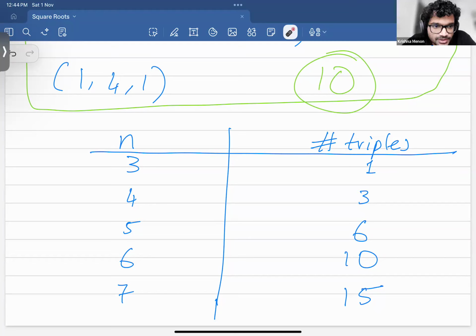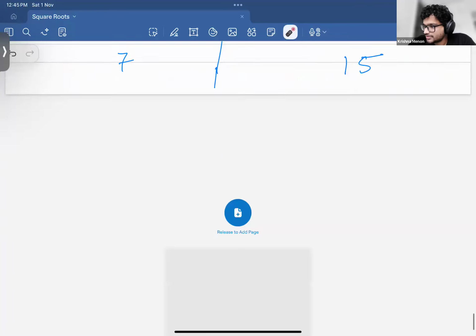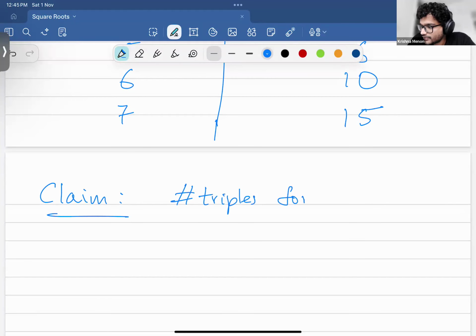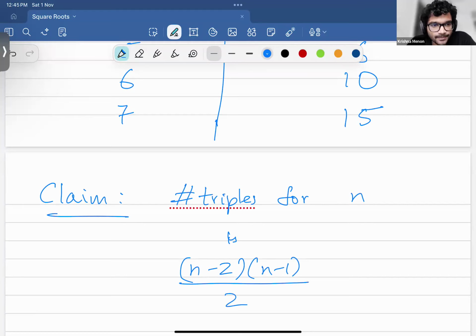Asma, could you please? Yeah, I had seen that it was depending on n. If n is, for example, 7, then it would be n minus 2 into n minus 1 divided by 2. Okay, so one claim is that the number of triples for n is n minus 2 into n minus 1 divided by 2, which is the n minus 2th triangle number.